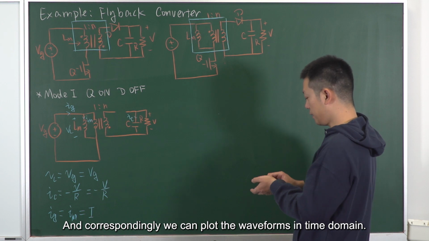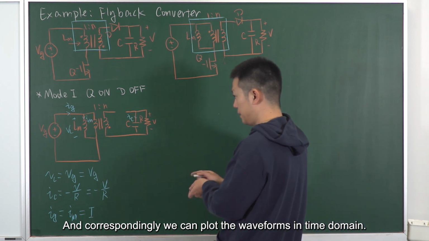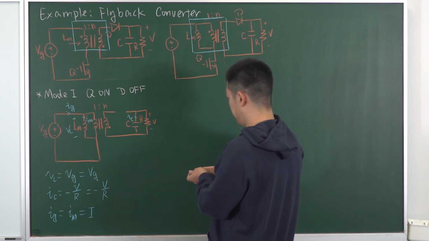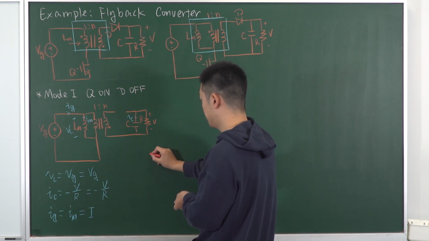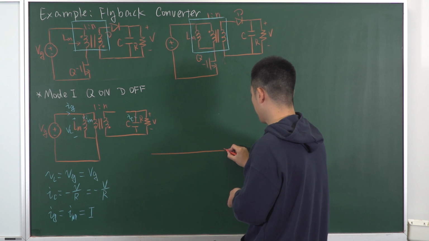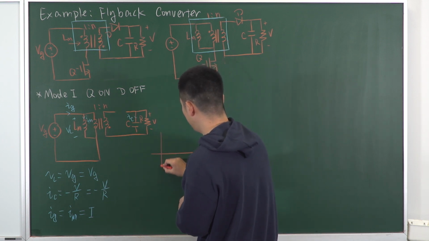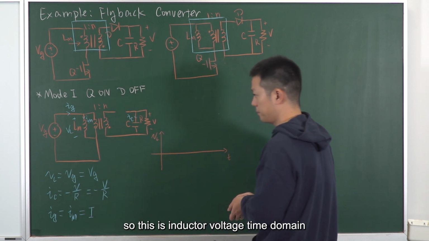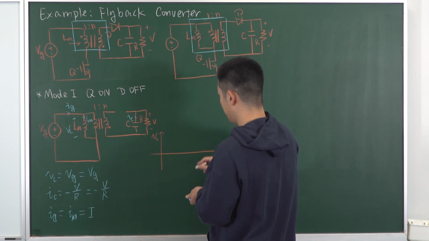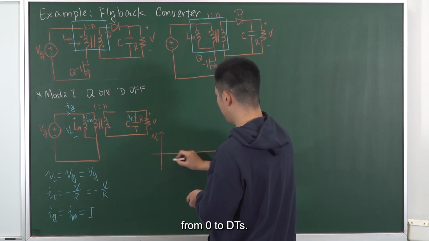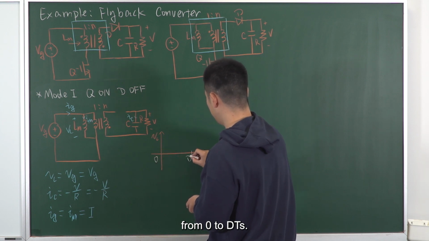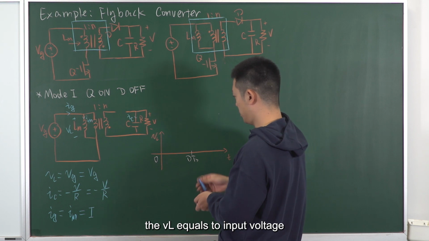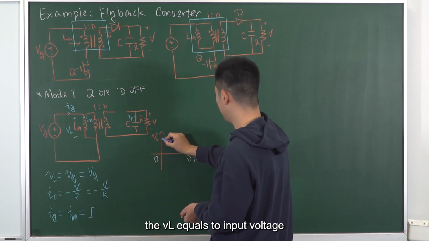And correspondingly, we can plot the waveforms in the time domain. So this is the inductor voltage in the time domain. From 0 to dTs, VL equals the input voltage.